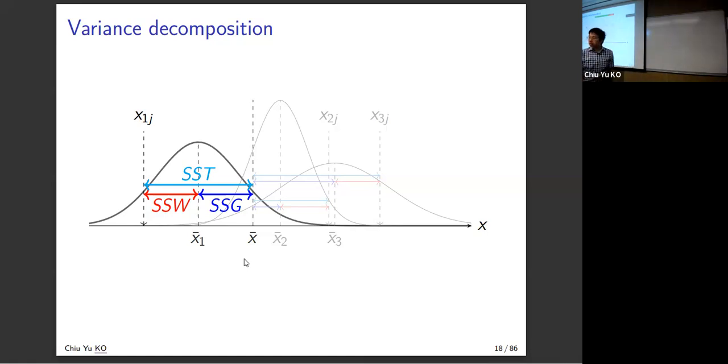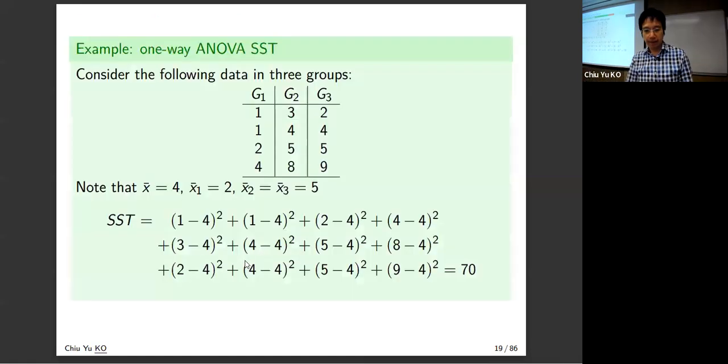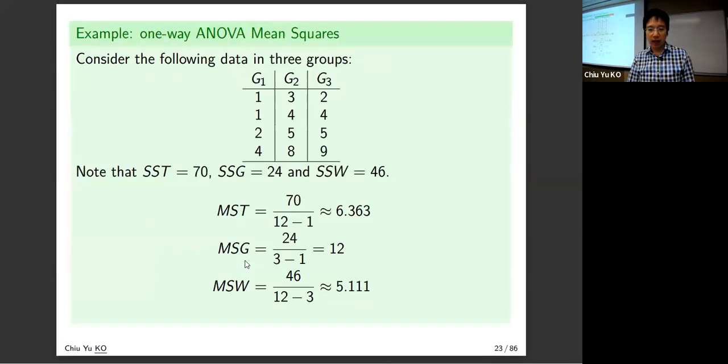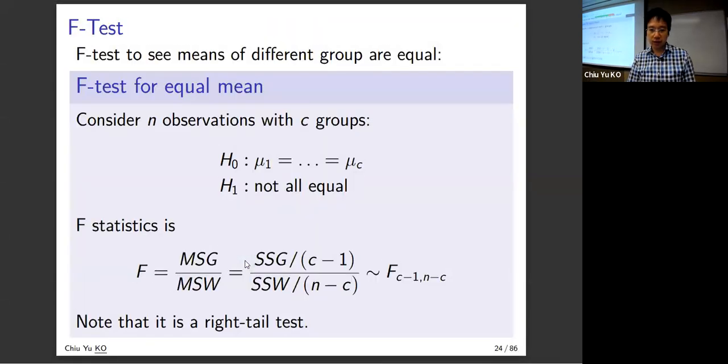So that's why in ANOVA, the F test is trying to see if this over this is going to be larger. So it's a right tail test, a one-sided one.